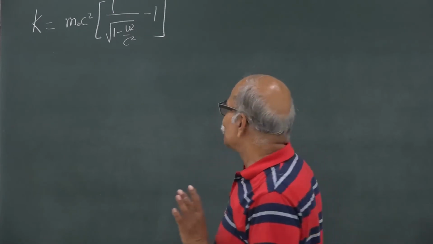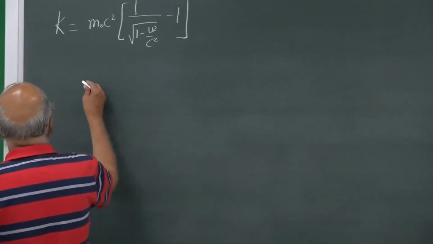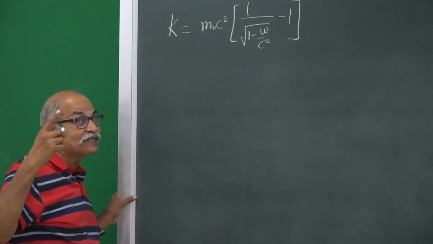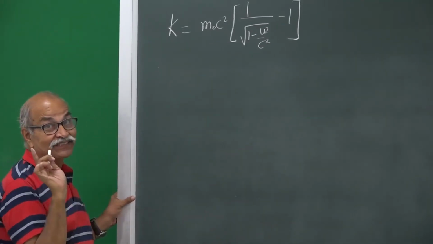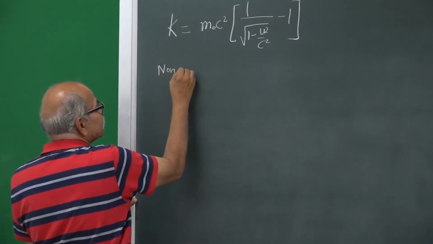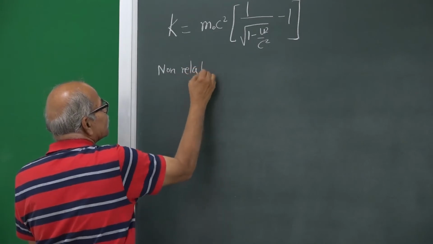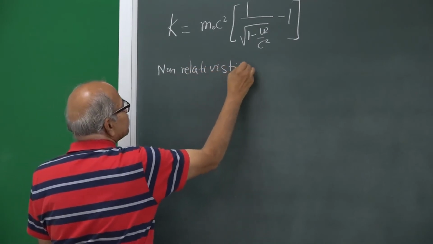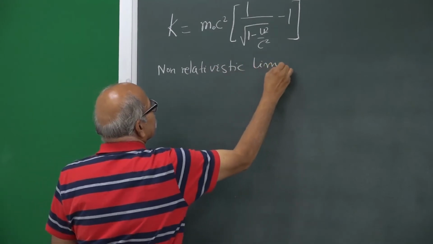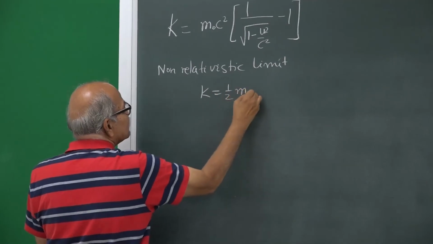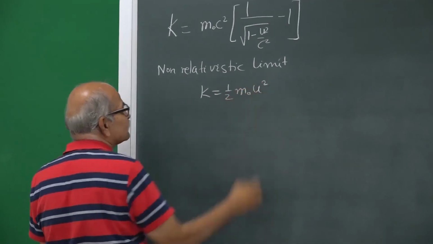Okay. So, be very clear about this, that your so called relativistic mass will not work here. In non-relativistic limit, k is equal to half m naught v speed square.